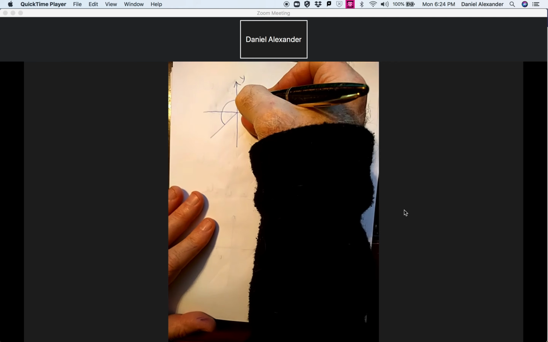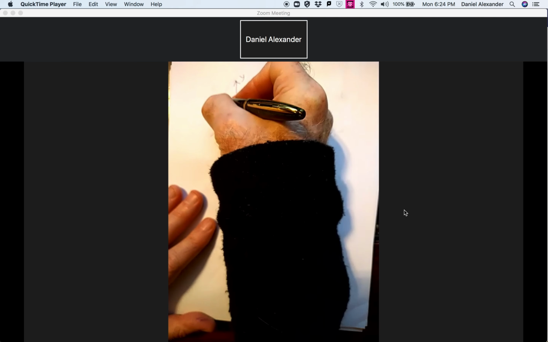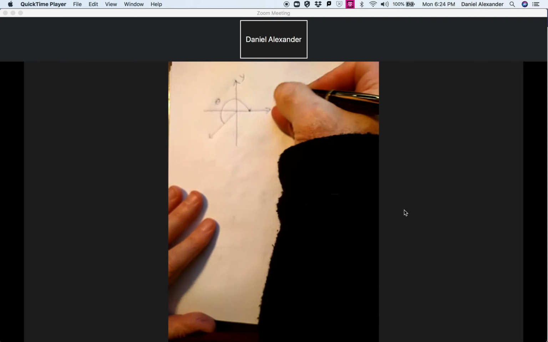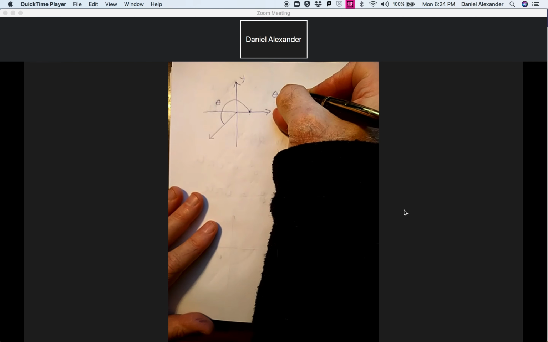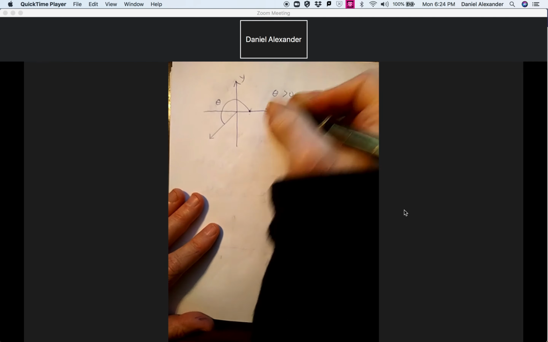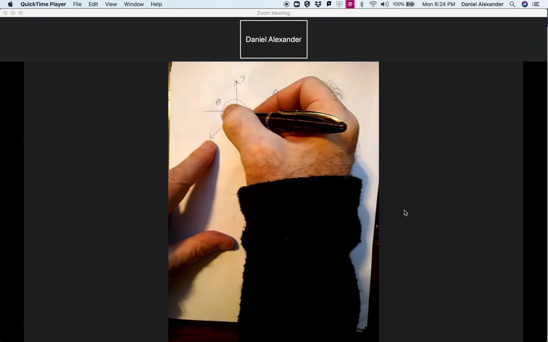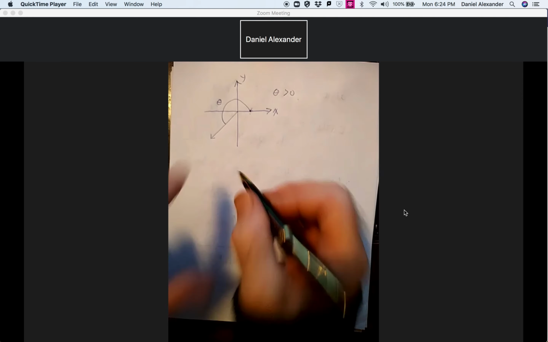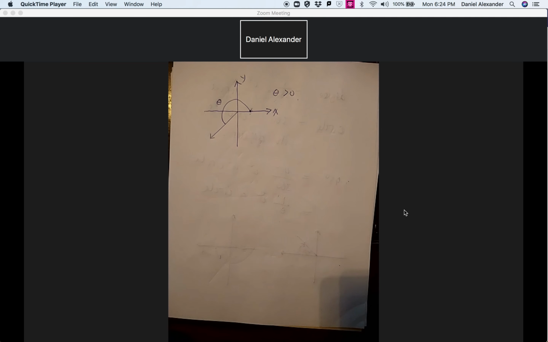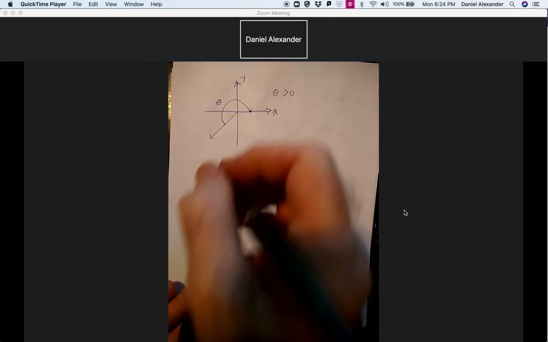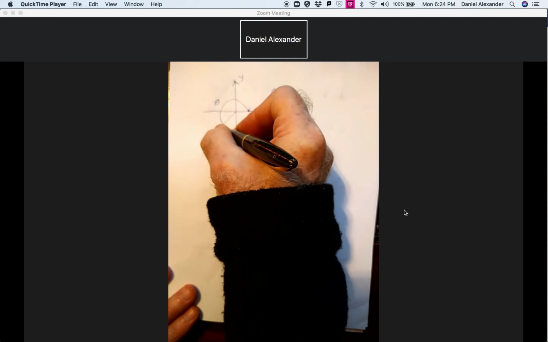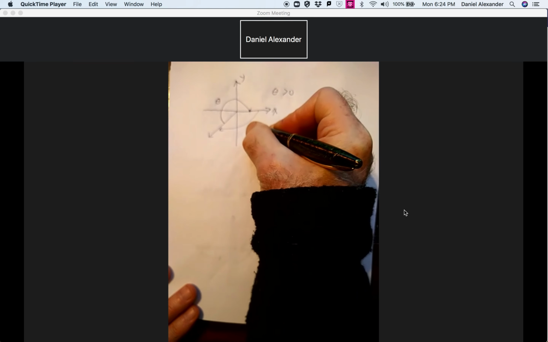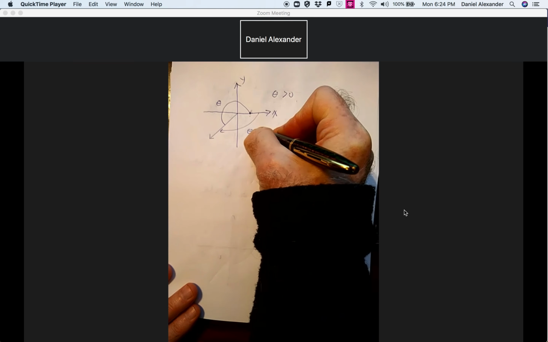This angle would be positive. Notice at this point, it's hard to think of this angle as part of a triangle. Maybe it's part of a square or something else. Now, if I go this direction, I have a different angle, and that's going to be less than 0.